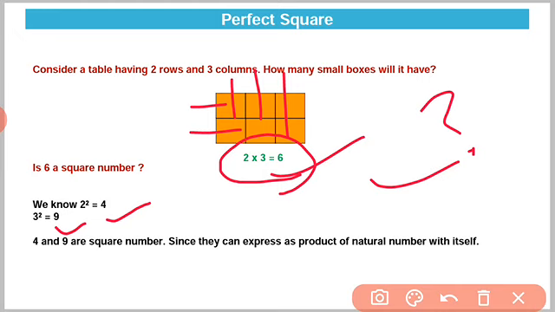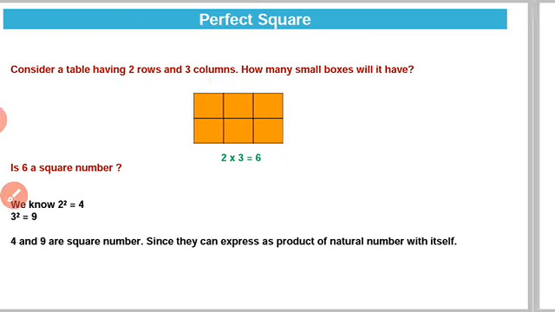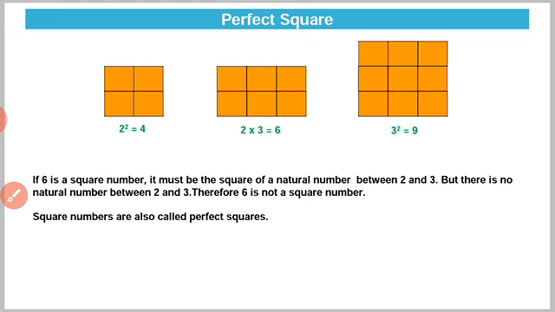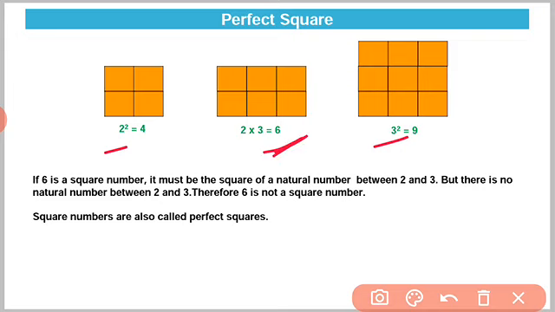But there is no natural number between 2 and 3. 2 and 3 are natural numbers, but there is no other natural number between 2 and 3. So we say that 6 is not a square number.